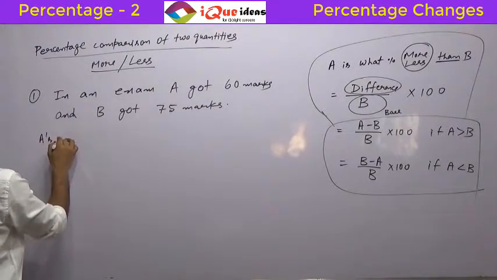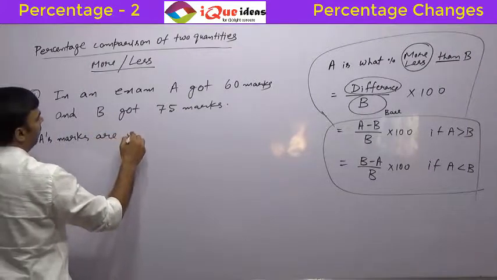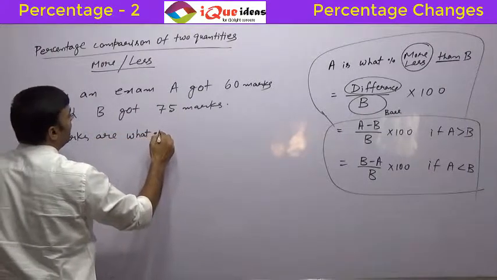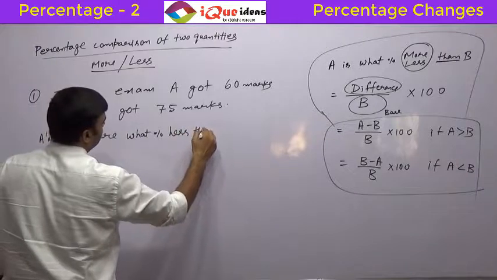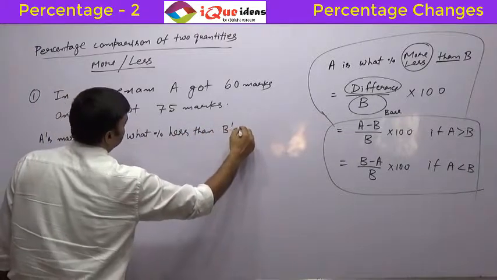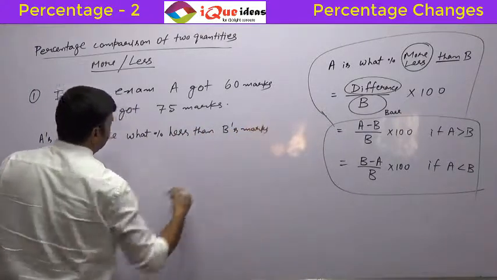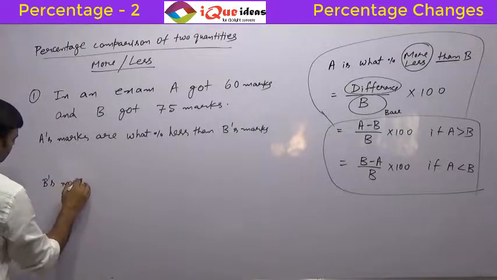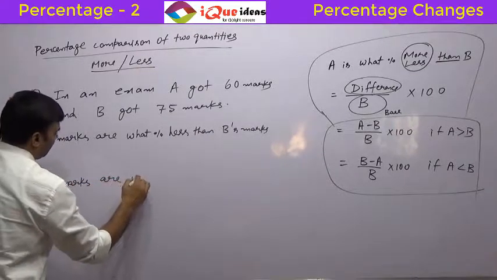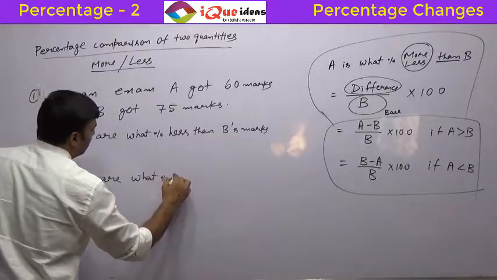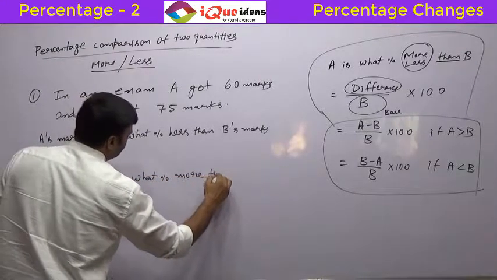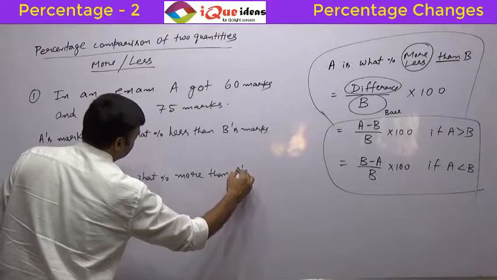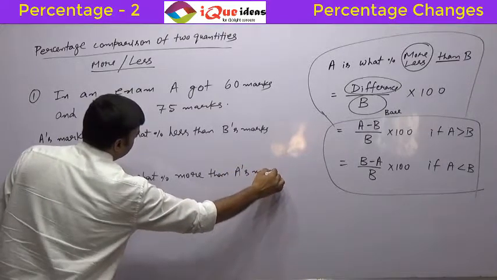A's marks are what percentage less than B's marks, and similarly B's marks are what percentage more than A's marks. Right? Let's see.